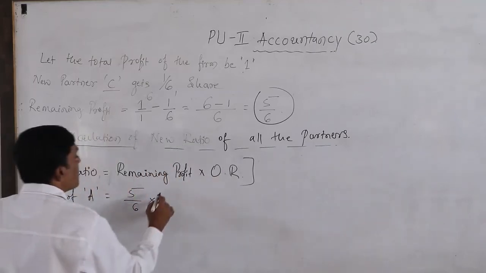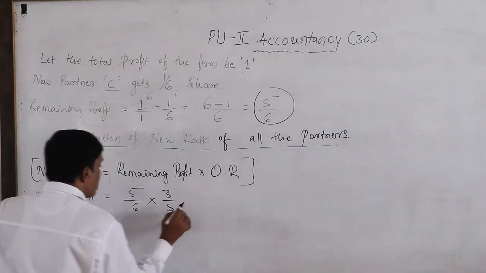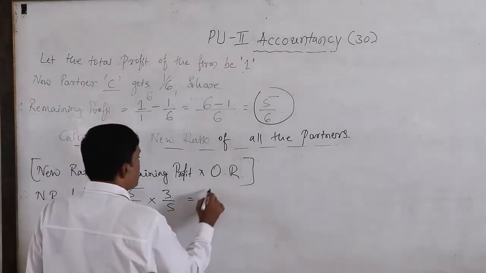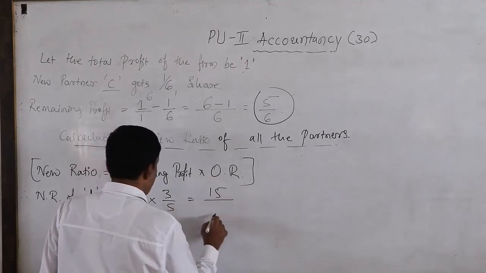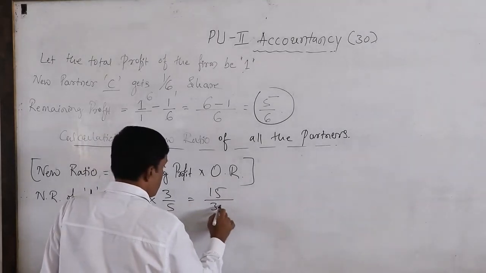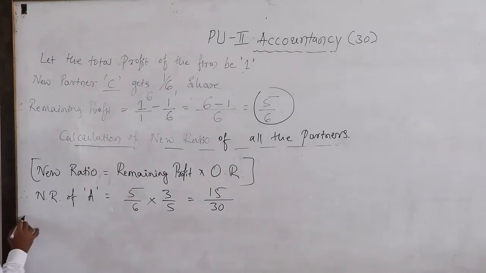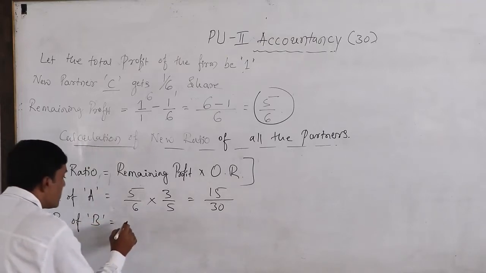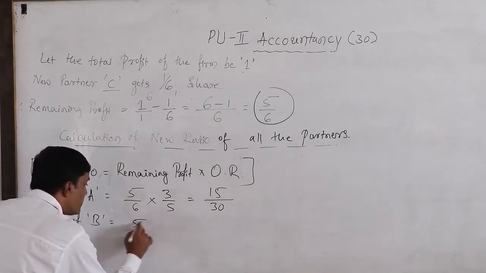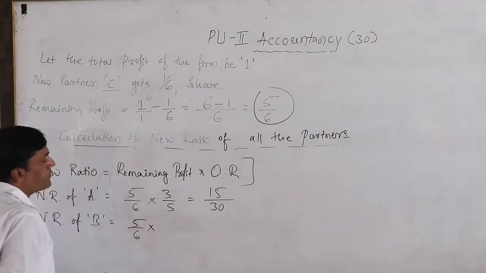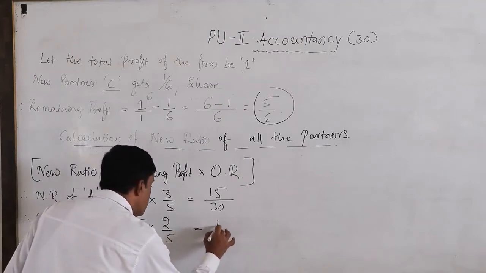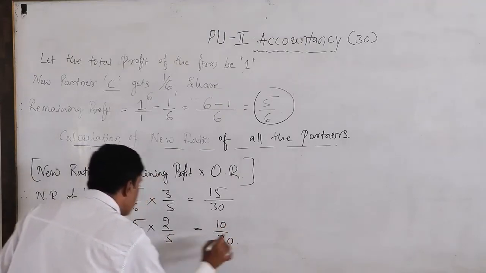into their old ratio, that is also 3:2. 3:2 means 3 by 5 is the old ratio of A. 5 3s are 15, divided by 6 5s are 30. Similarly, the new ratio of B is the remaining profit, that is 5 by 6 into his old ratio 2 by 5, which is 10 by 30.